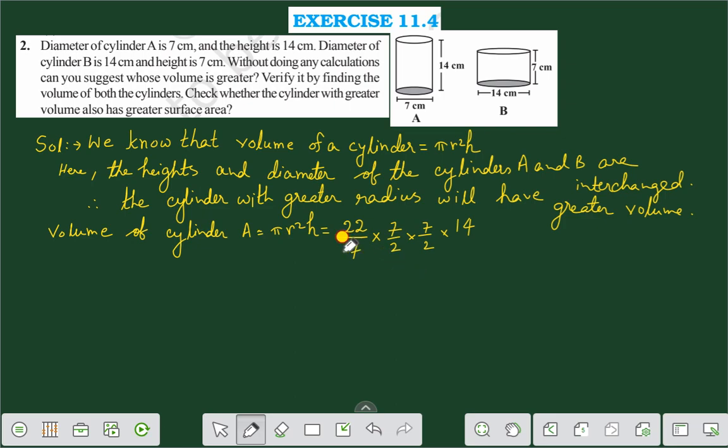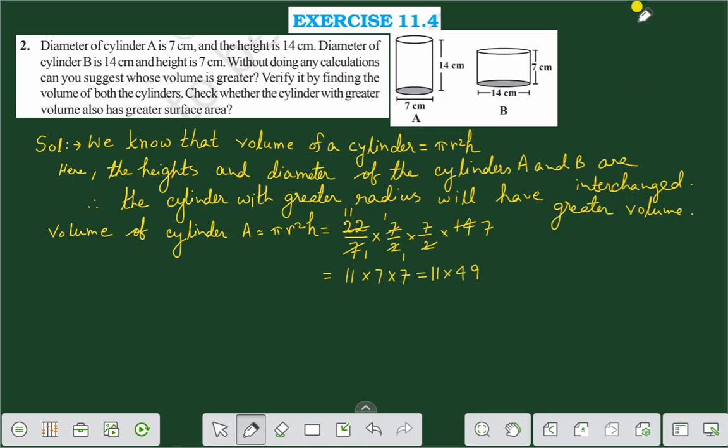Here 7 ones are 7, 7 ones are 7, and 2 sevens are 14, and 2 elevens are 22. Then we are getting 11 into 7 into 7, that is 11 into 49.